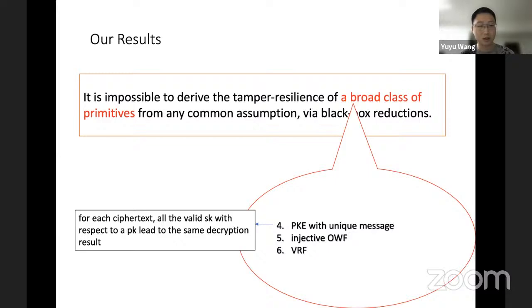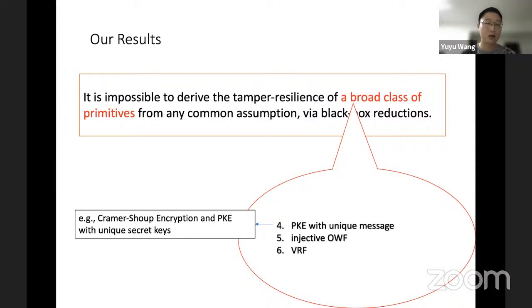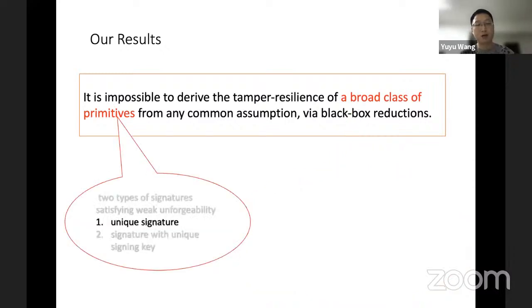We mean that in such a scheme, for each ciphertext, all the valid secret keys with respect to the same PK will lead to the same decryption result. Also, we showed how it captures key-dependent encryption and PKE with unique secret keys in our paper.